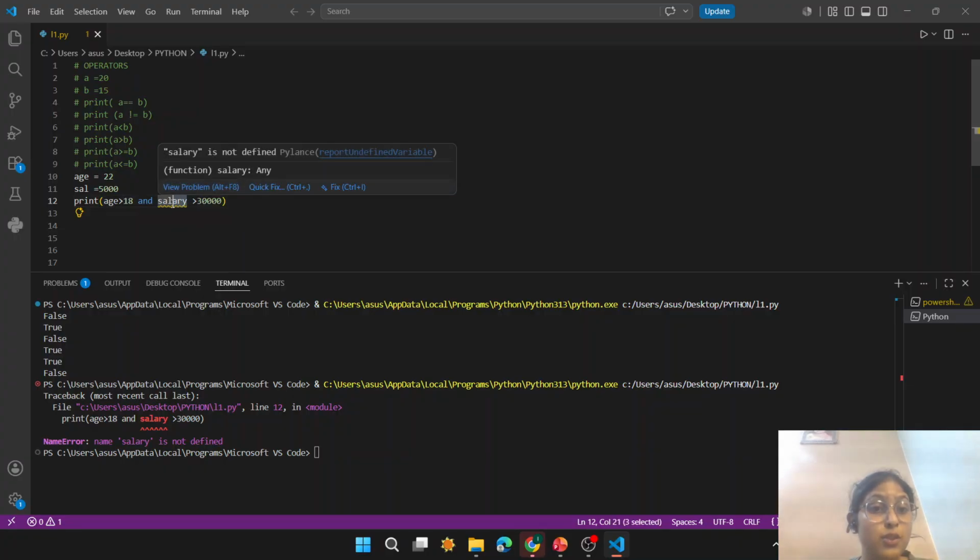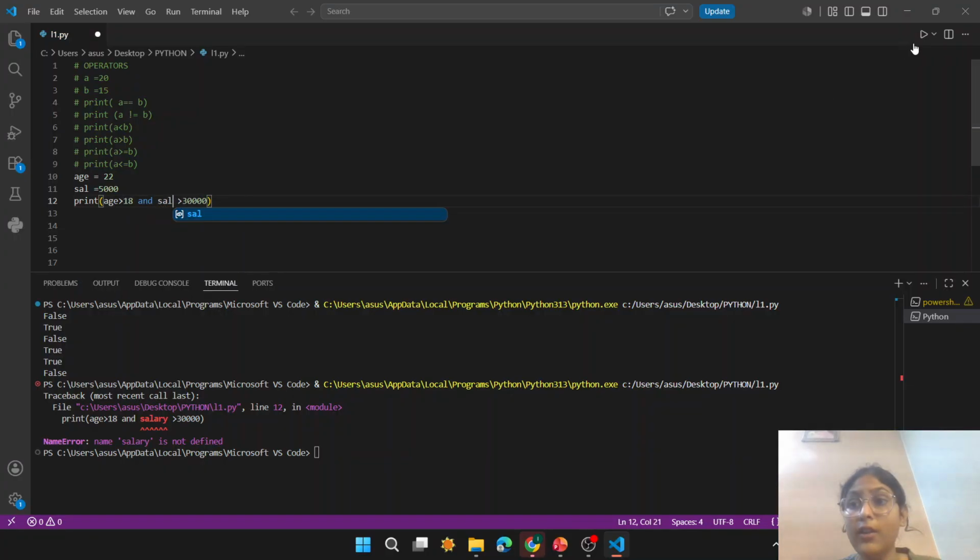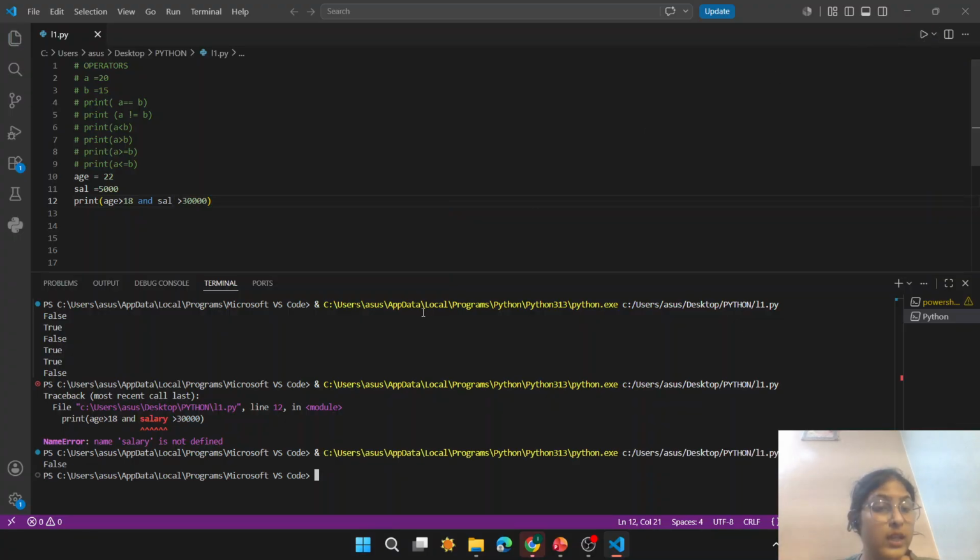I chose the wrong variable, that's why. The answer is false. Do you know why? Because it has been asking that the age should be greater than 18, which is satisfied, but the salary should be greater than 30,000, which is not satisfied. Both are not true, so the answer is false.